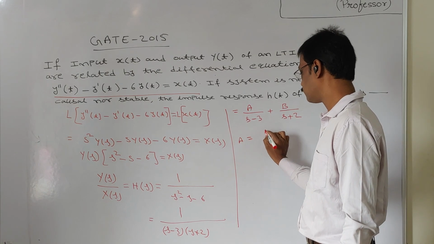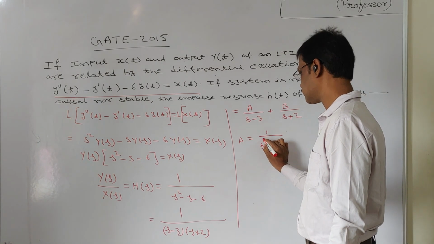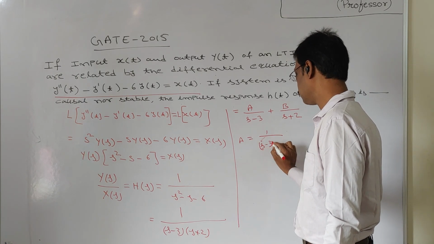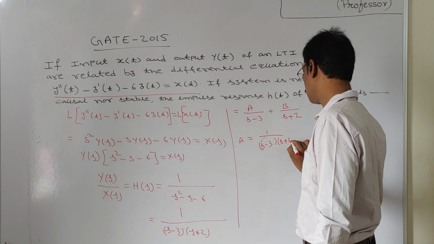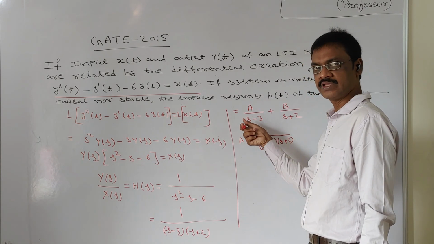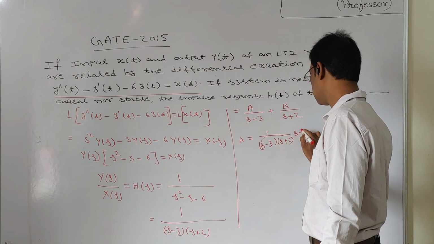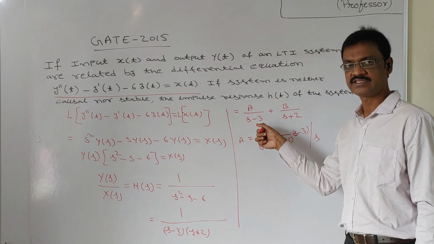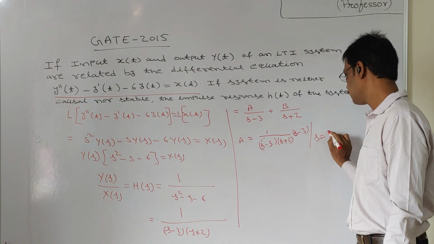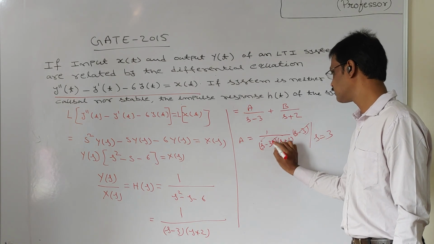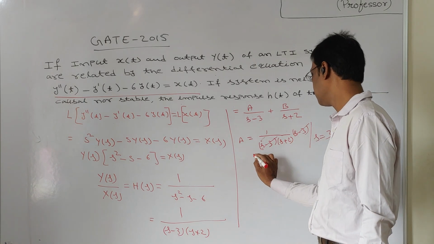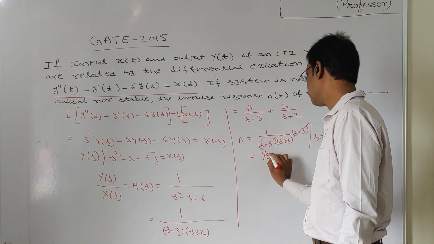A is equal to 1 by s minus 3 into s plus 2, multiplied with s minus 3, and you substitute s. If s minus 3 is equal to 0, s is equal to 3. Before substituting, you cancel s minus 3. If you substitute s is equal to 3, this is equal to 1 by 5.